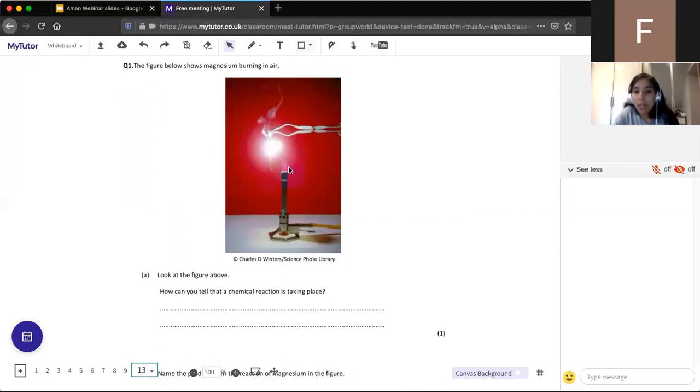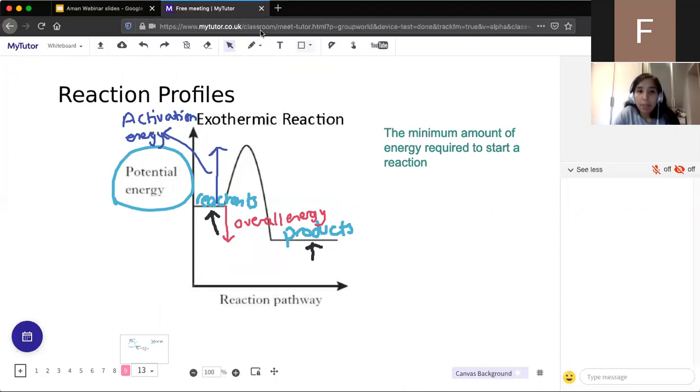Okay, someone's asking, can you show us the energy diagram for an exothermic reaction and endothermic? Yep, I can go back to those slides. So this is the exothermic energy diagram. We start with our reactants. We heat up those reactants. That's where our activation energy is. So this dark blue line is the activation energy. It's the minimum amount of energy required to start a reaction.